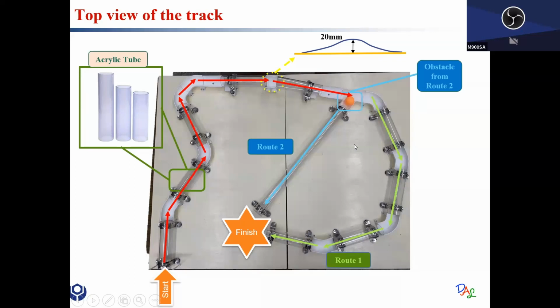If you cannot push it, you can go for a longer path this way. One more thing, we have a bridge here for the soft robot to climb over. Those are a few things to be noticed.